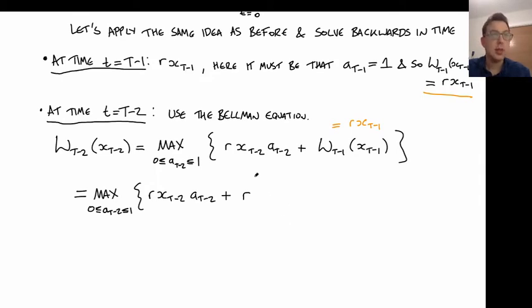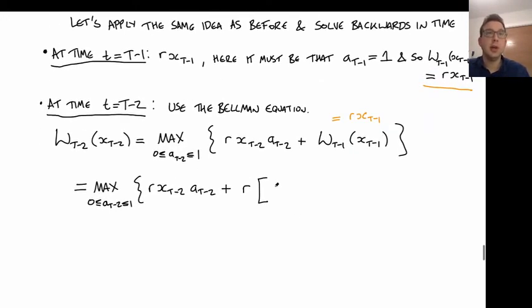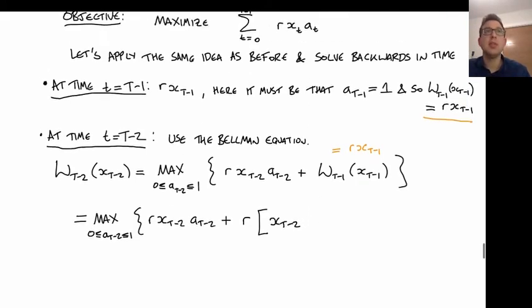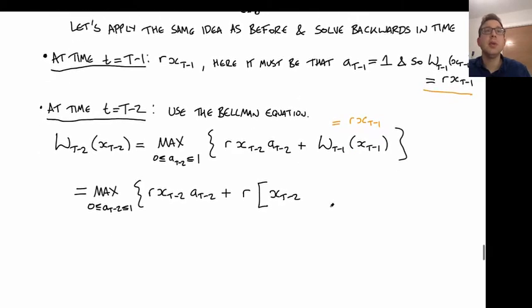Okay, I can write that in a slightly different way. Note that I know that x of t minus 1 satisfies the equation over here. So I know that this is x of t minus 2. Notice here I'm just using the same expressions up here, but with this as x of t minus 1, and this is x of t minus 2.